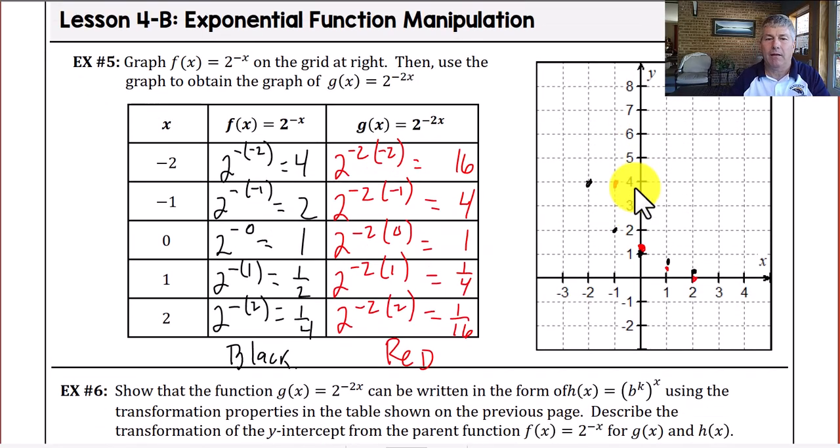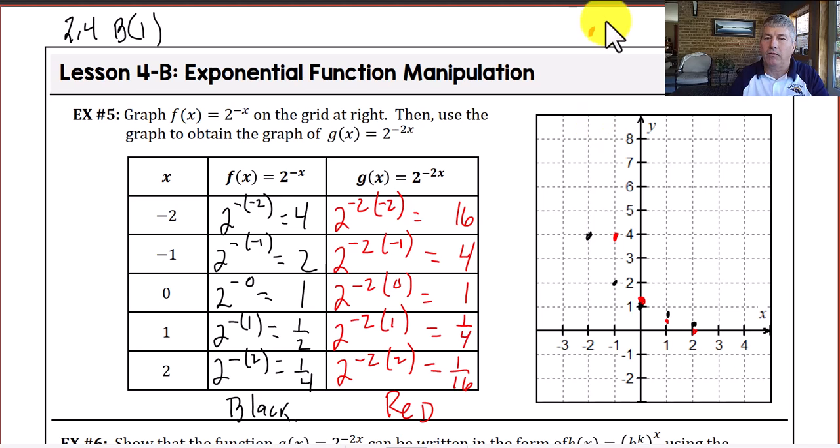So I graphed that in red, and we can see our new function. I think I'm missing one of the points, so it's way up here. It looks something like this.